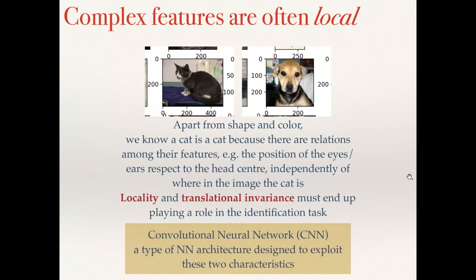So when it comes to computer vision, symmetries such as locality and translational invariance must end up playing some role in the identification task. So there is a type of neural networks that is designed and built to take into account those properties of images. It makes transformations that preserve locality and translational invariance.